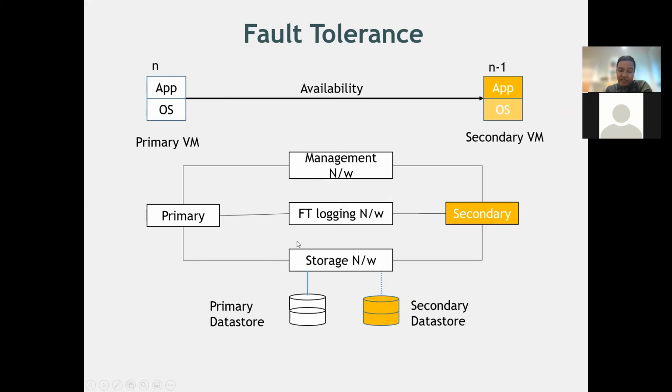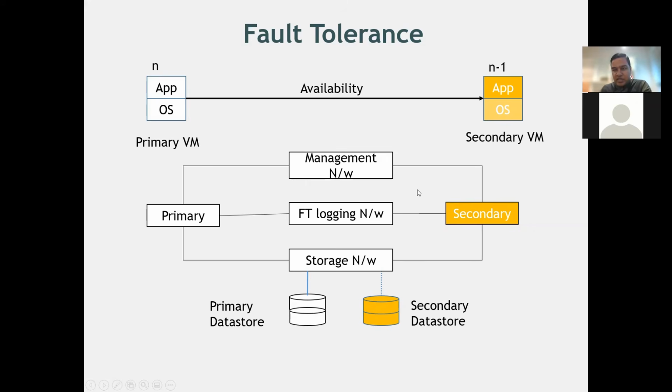This is only for logging, and this is only for storage replication, but there is a management network which actually checks every few seconds, preferably 5 seconds by default. It checks every 5 seconds for the heartbeat.